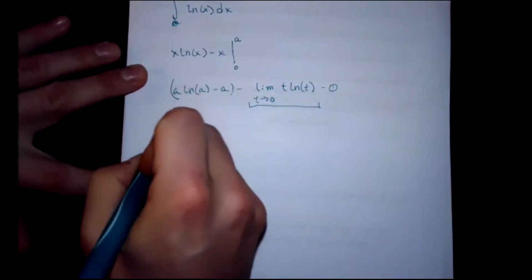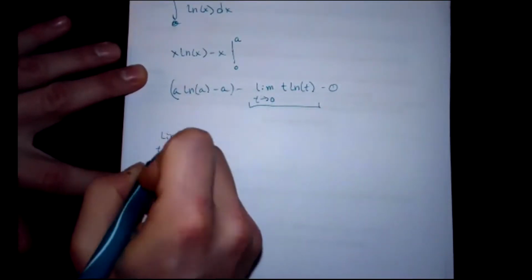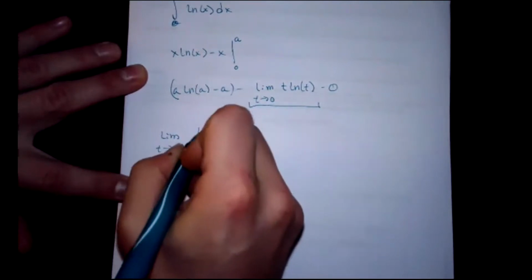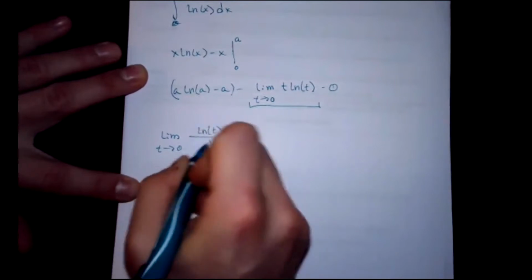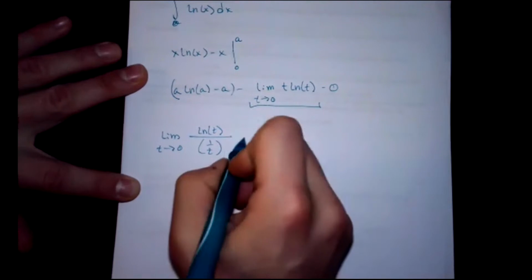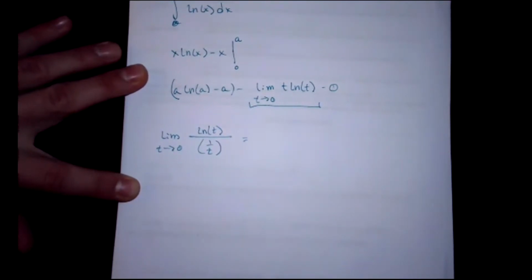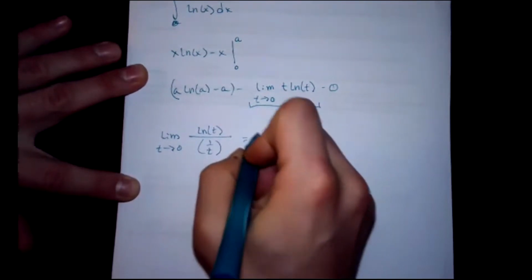And remember how we computed this limit yesterday? We said natural log of t divided by 1 over t. And then we use L'Hopital's rule.